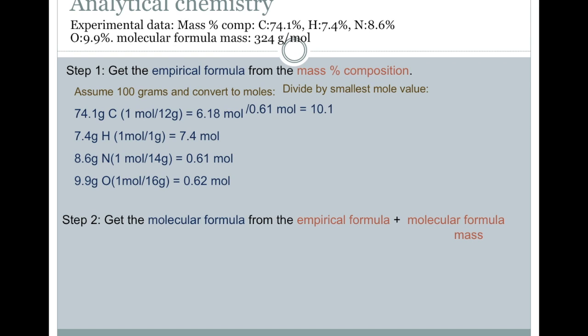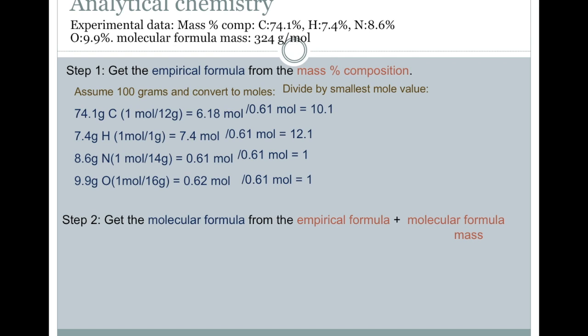So we'll divide everything by 0.61. And we end up with, for nitrogen and oxygen, a ratio of 1. Oxygen is 0.62, but that's very close to 1, so in this case we can round to 1 because we're looking for a whole number ratio.